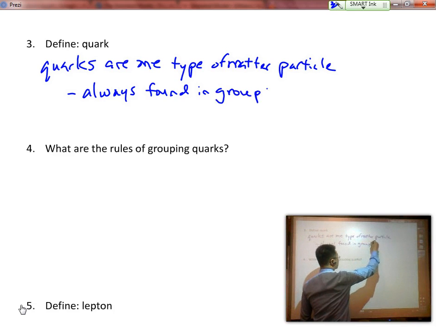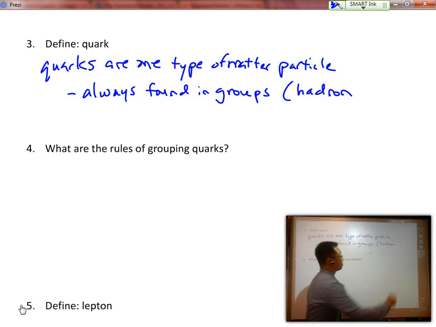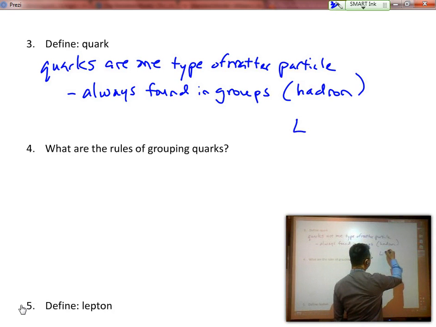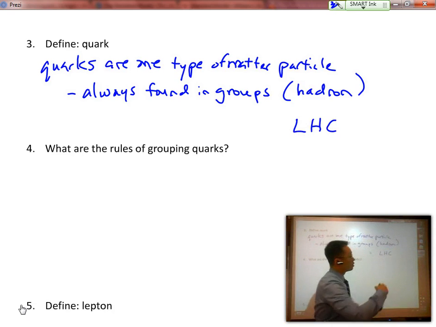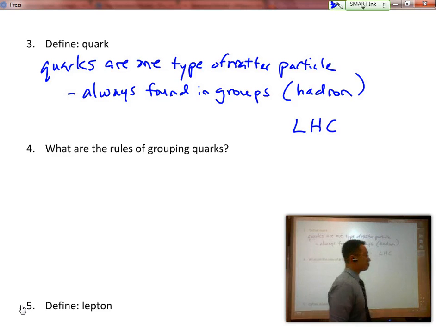And a group of quarks is called a hadron. Okay, and that's where the term Large Hadron Collider comes from. When we talk about those machines in Geneva that accelerate these particles up to near light speeds, and then they collide them together.